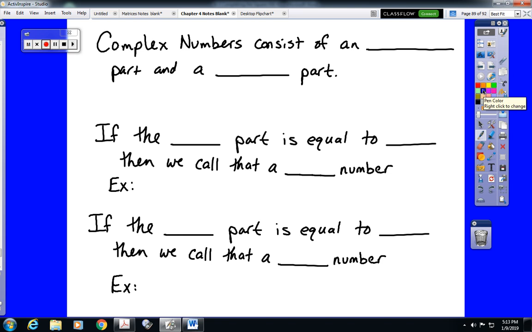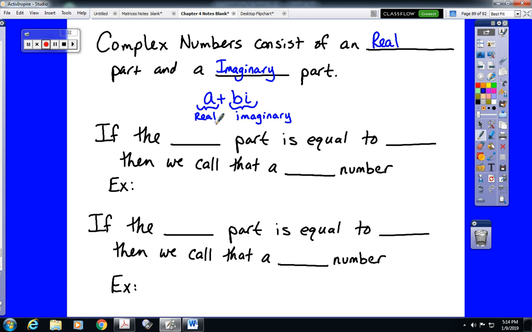Every complex number consists of a real part and an imaginary part. They can be written in the form a plus bi, where a and b are real numbers, but b is being multiplied by i, which is the imaginary number. So this part, bi, is your imaginary part, and a is your real part. When you combine the two, you get a complex number.